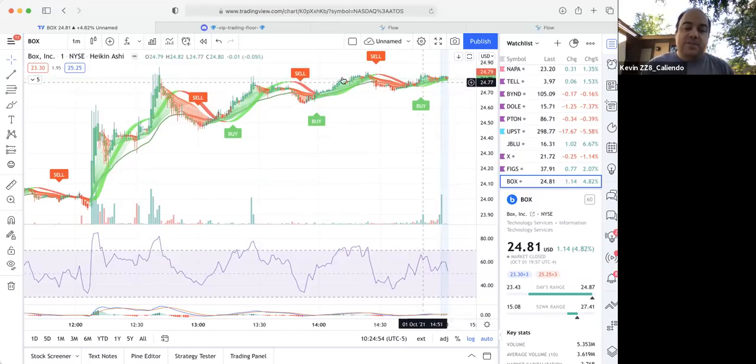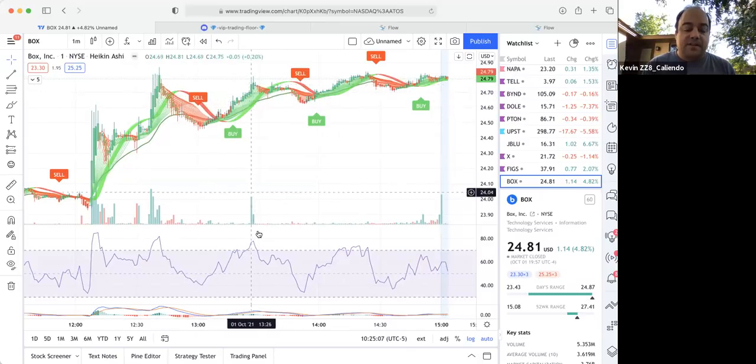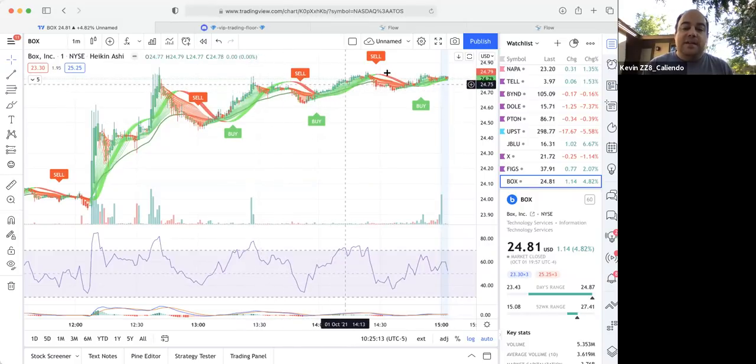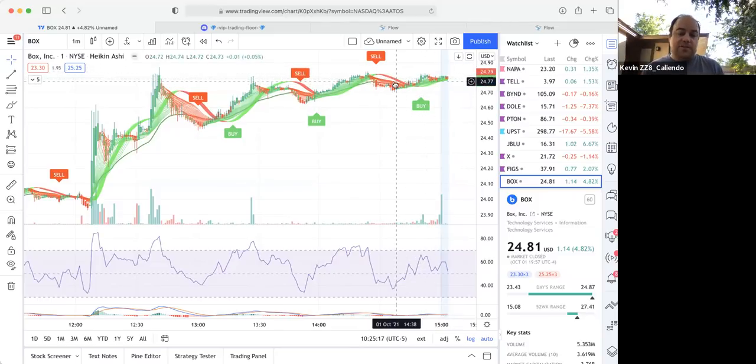I had closed out most of my position, so about half of it here. I didn't catch the top, but on the run up here, and then it dipped, and then when the RSI got hot again, I scaled out some more. I kept a few, and I just decided before end of day to go ahead and close out the rest of them.